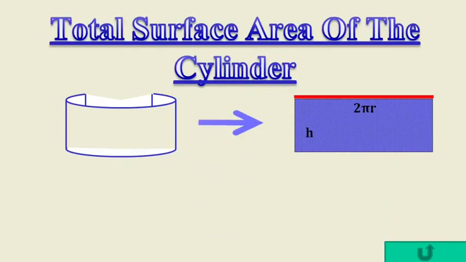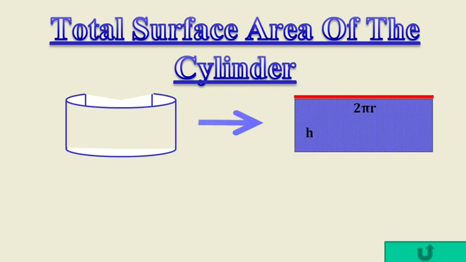Now the total surface area of the cylinder. Initially this cylinder had two circular surfaces. One was on the top and the other circular surface was taken out from the bottom of this cylinder.